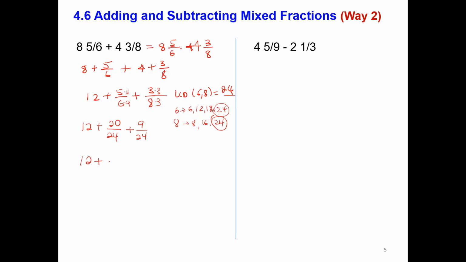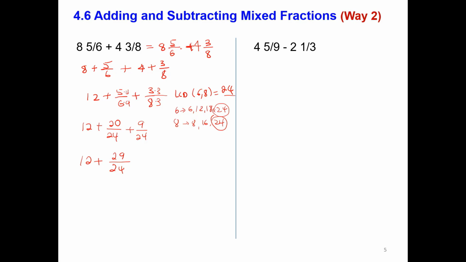Now we have a common denominator, so we keep the denominator and we add together the numerators. It's 29. Because this is an improper fraction, we need to change it into a mixed fraction, and then we'll get the final answer.